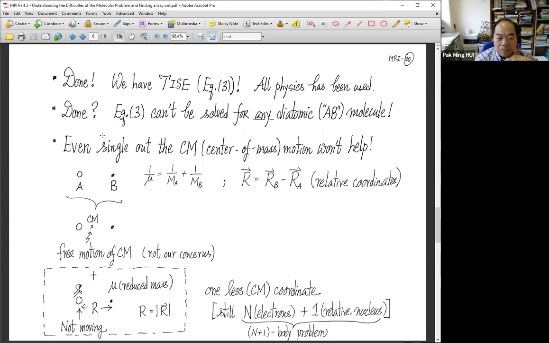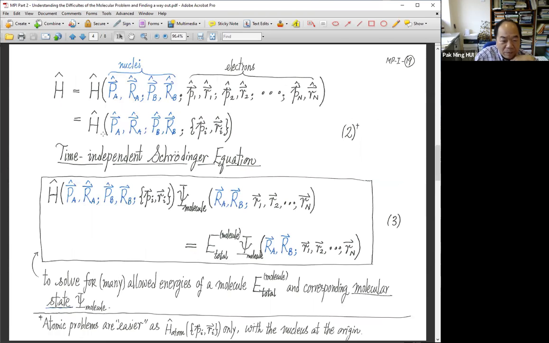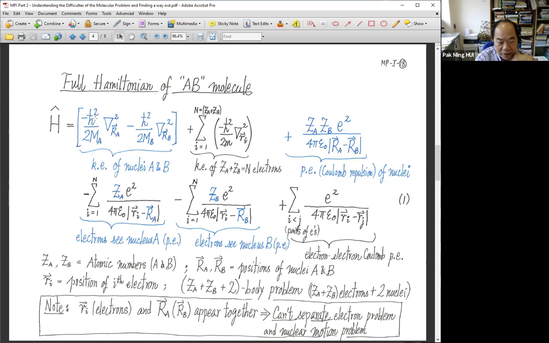Now, some of you may be very clever and say, you are making the thing too complicated. How about this? For the two nuclei A and B, you form a center of mass coordinate and a relative coordinate. You throw out the center of mass, that is freely moving. Then you get one fewer term. That doesn't help much, but it is useful. We will do that.